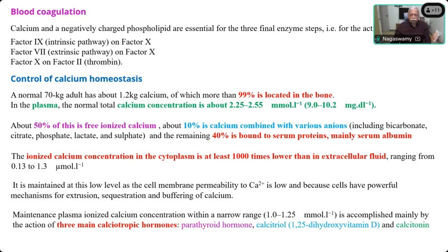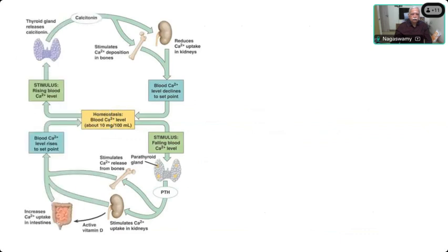One is the parathyroid hormone, the second is calcitriol, vitamin D, and the third is calcitonin. And this picture tells you how the homeostasis is maintained. Here the normal calcium level, roughly 10 milligram per deciliter, is given. And if the calcium level is rising in the blood, then what happens?